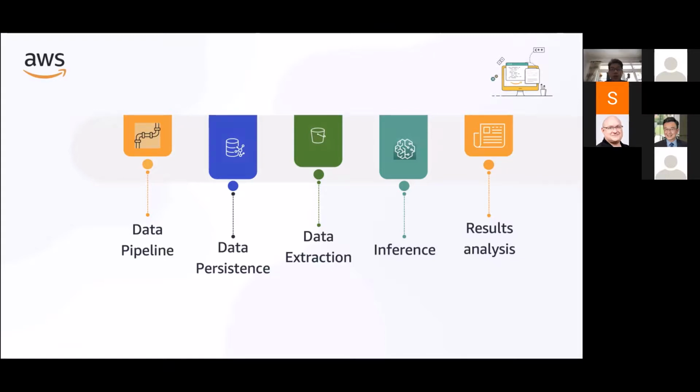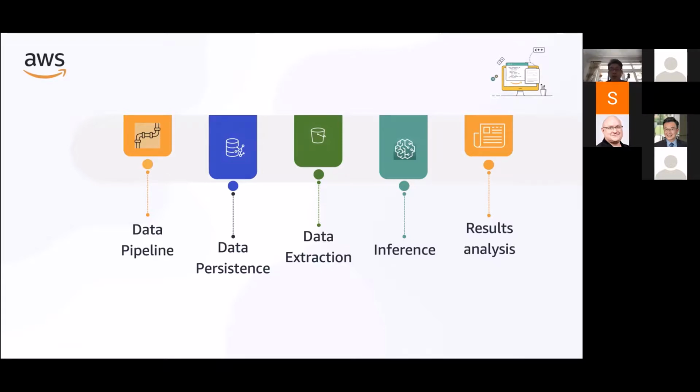For example, we need a real-time data pipeline to get the data in, and we want the data persisted either in memory or on disk, so that we can start to build connected relations between the newly added nodes and other existing entities. After that, we need to extract the ego network in a short amount of time, feed it into the model for inference, then present the result.